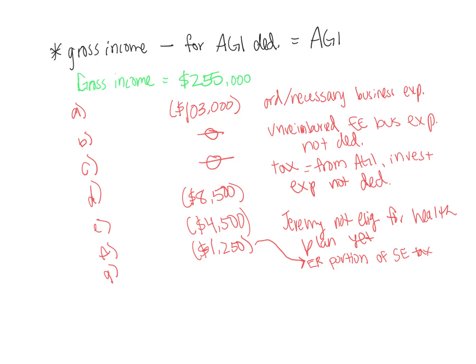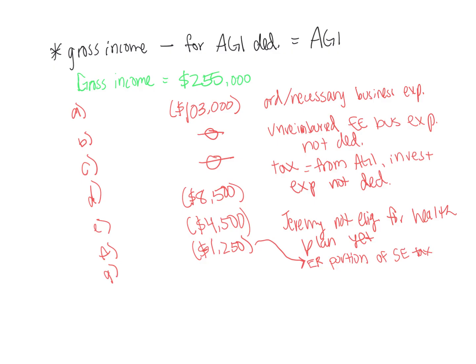Since the divorce decree was executed in 2018, we will have a number to put here for a 4 AGI deduction. If that divorce decree was executed in 2019 or later, that number will automatically be 0.